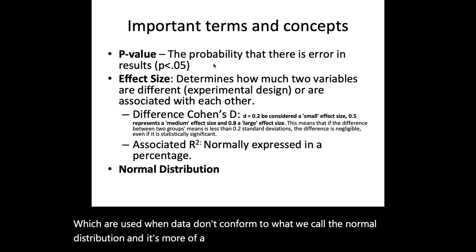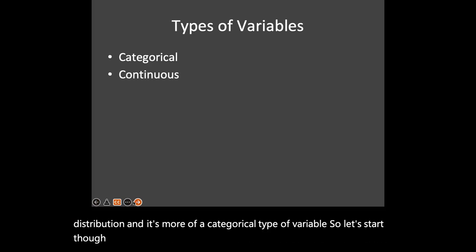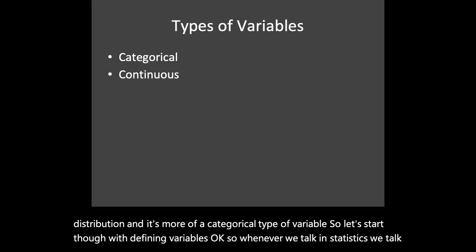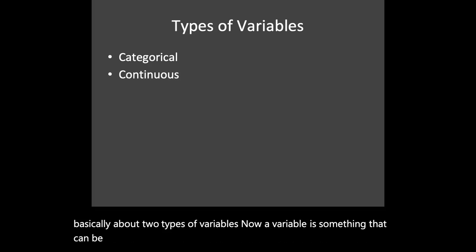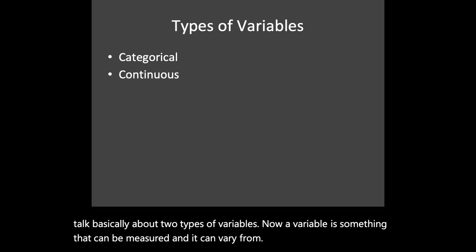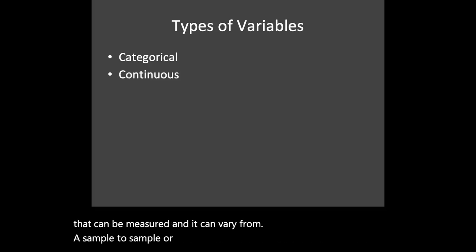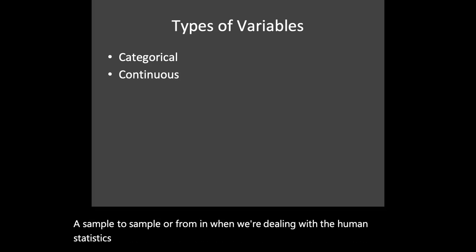So let's start though with defining variables. Okay, so whenever we talk in statistics, we talk basically about two types of variables. Now, a variable is something that can be measured, and it can vary from sample to sample, or when we're dealing with human statistics, from individual to individual.